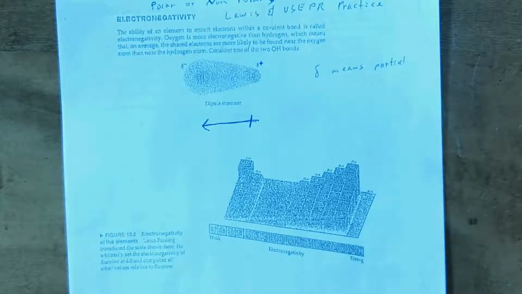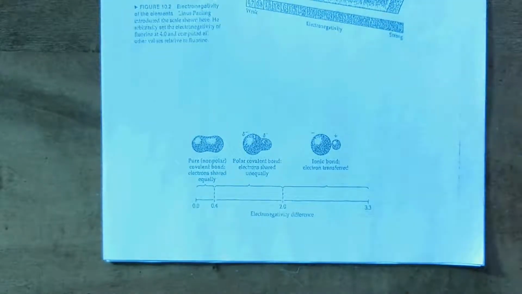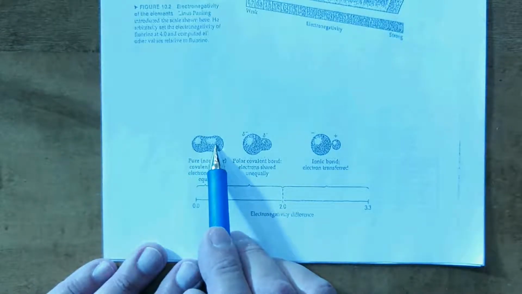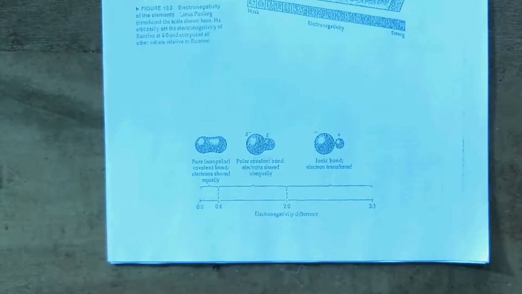Okay, now they show you a picture in the book kind of similar to what I have in my notes here. In fact, in my notes it's a photocopy from the book, and it's showing when you have a bond where both elements are the same, the electron cloud is nice and evenly distributed, and you'd say that is a purely covalent bond, 100% covalent.